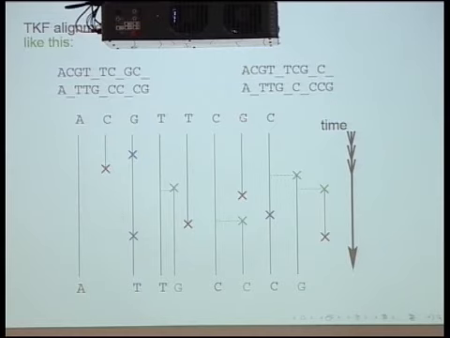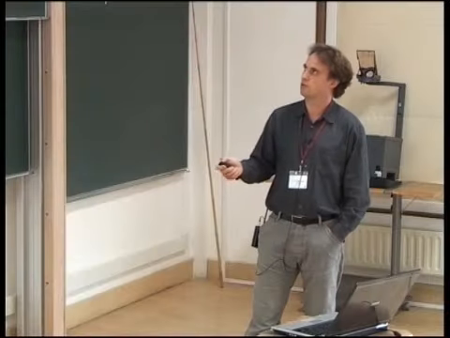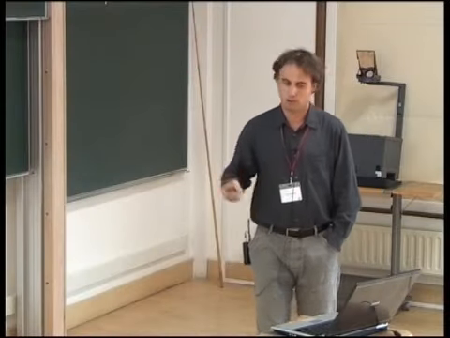For example, here this G is deleted, and then at its place a C is inserted, and this could in principle be denoted like this, CG, or like that, GC. To clarify the notation, we always assume that a newly inserted position is a child of its left neighbor, and then we group these families together. So this is the right way to do it in the convention of Thorne, Kishino and Felsenstein.